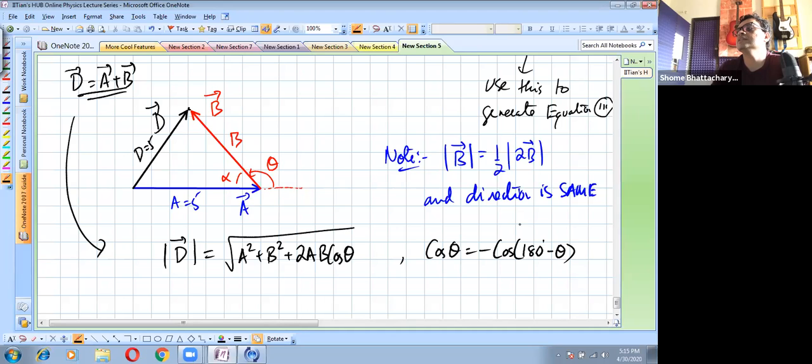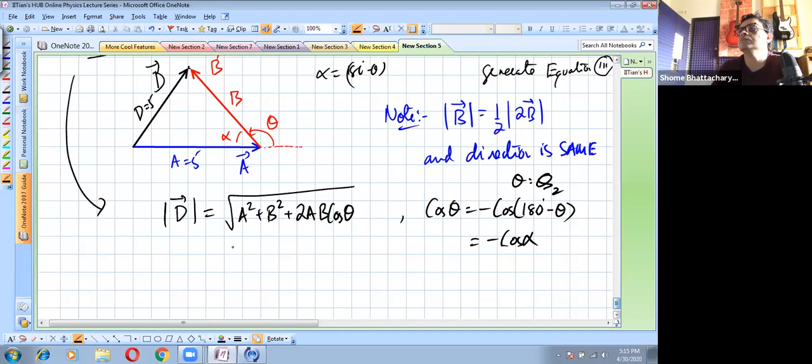Okay, because theta is in the second quadrant, that is minus cos alpha. You can see over here that alpha is 180 minus theta. So in terms of alpha, D is equal to root of A square plus B square minus 2AB cos alpha, because cos theta will be replaced with minus cos alpha.